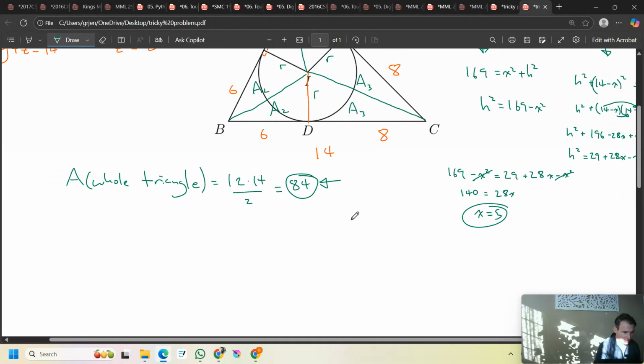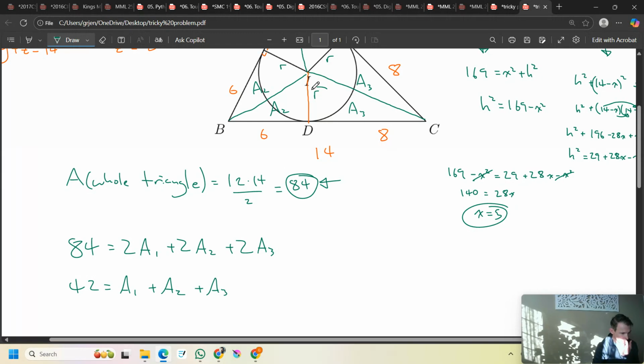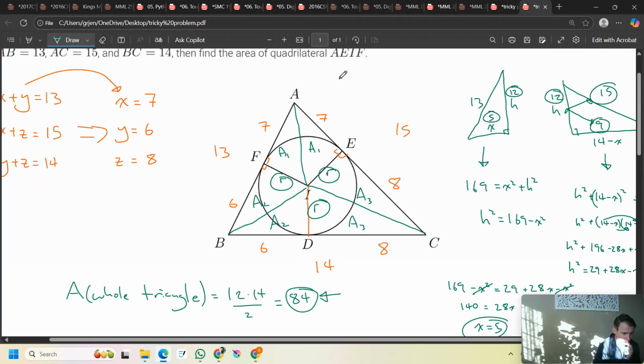So the whole triangle, 84, is equal to 2A1 plus 2A2 plus 2A3. Or in other words, 42, which is life, the universe, and everything, is equal to A1 plus A2 plus A3.